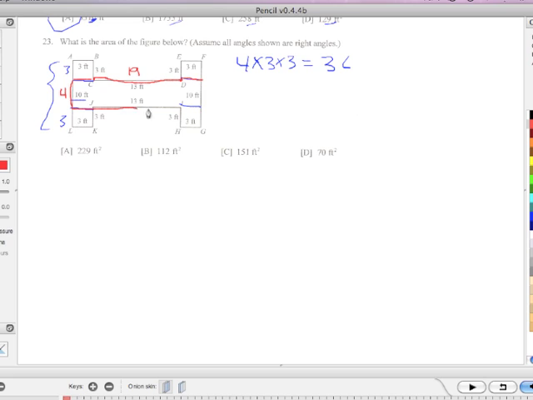So we have to add 19 times 4, which is 76. Let's add them together. Our total is 112 square feet.